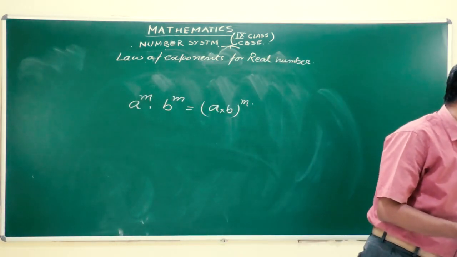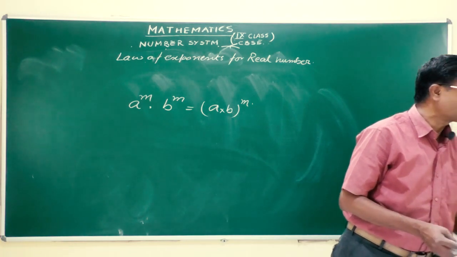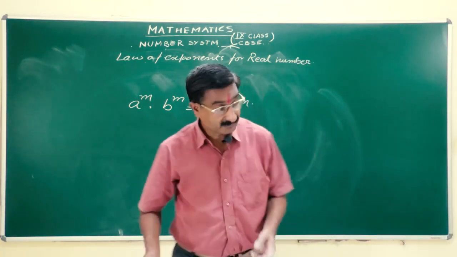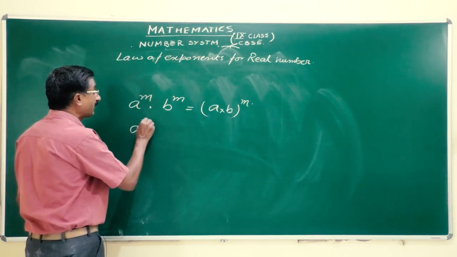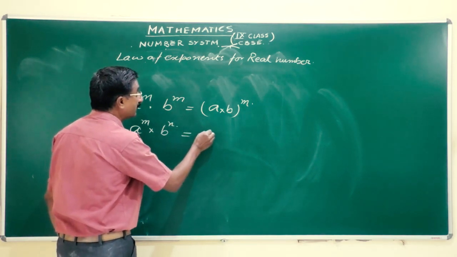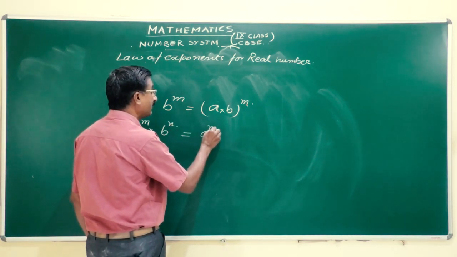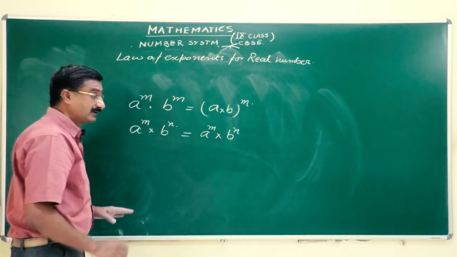Next, some examples are taken here, but I would like to give you some more. That is a raised to the power m into b raised to the power n. This is equal to the same value, there will not be any change in that. That is b raised to the power n. Nothing will be changed.